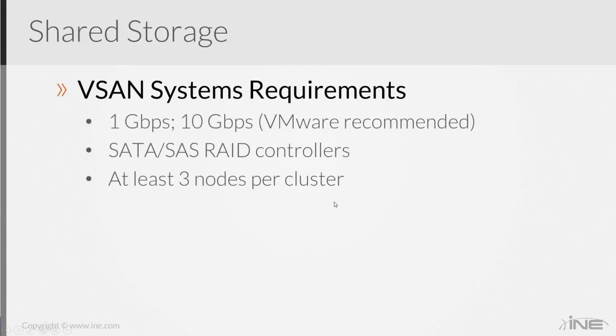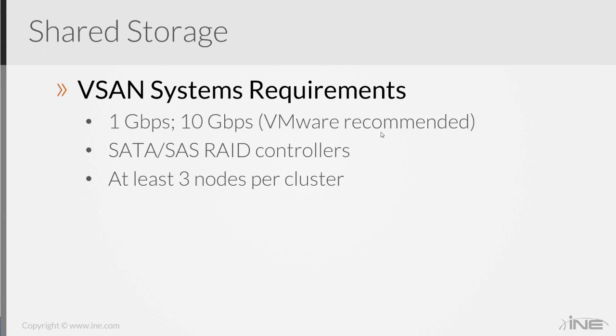Okay, in the next slide here, I have some requirements for vSAN. So vSAN would require a minimum of 1 gig interfaces in our ESXi host. VMware recommendation is you have 10 gigs interfaces, 10 gigs or above.